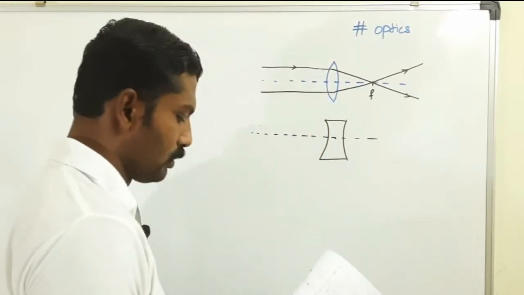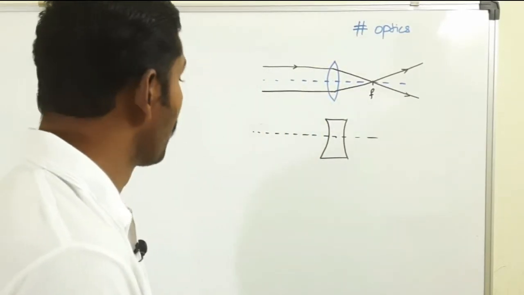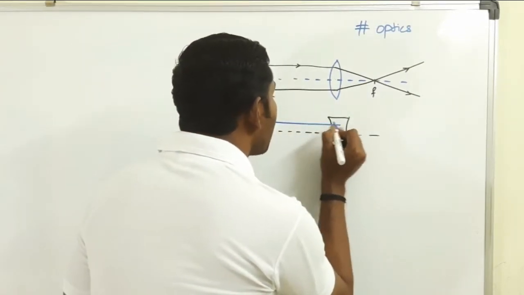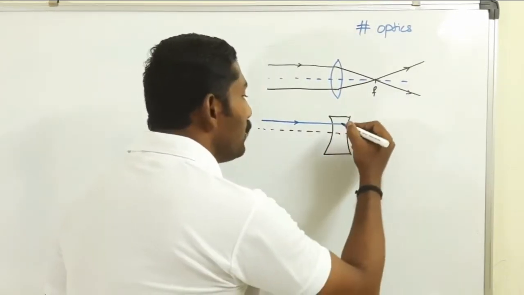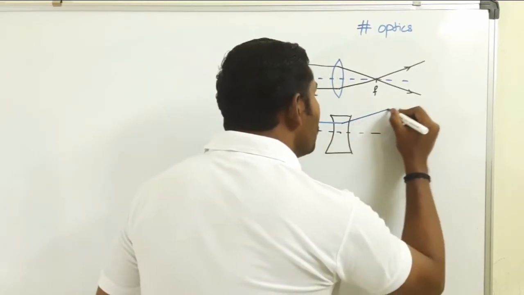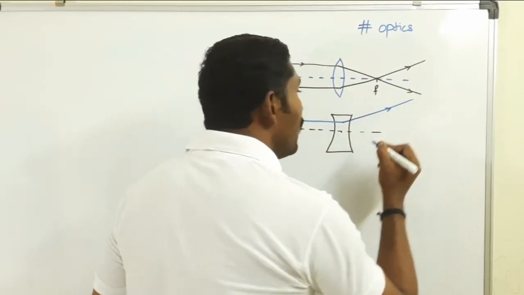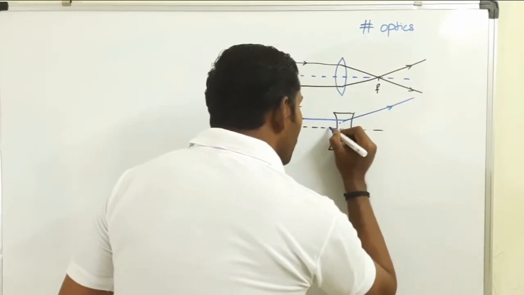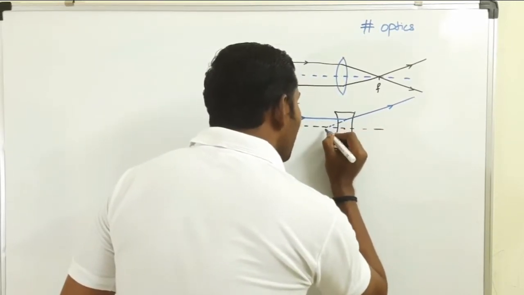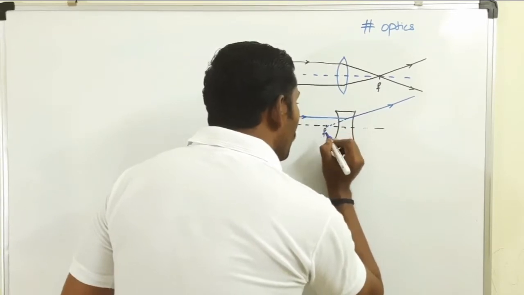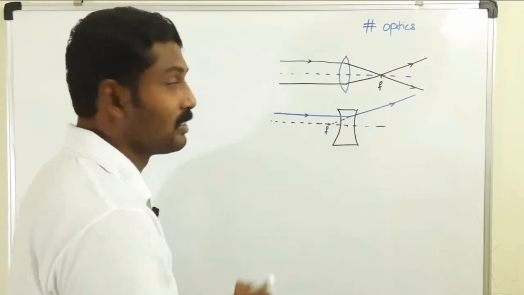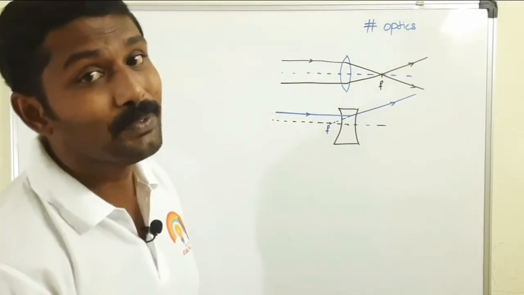If a parallel beam of light comes and falls on the lens parallel to the principal axis, what will happen? It will diverge away, as if the light starts from a point somewhere here. This is called the focus, right?